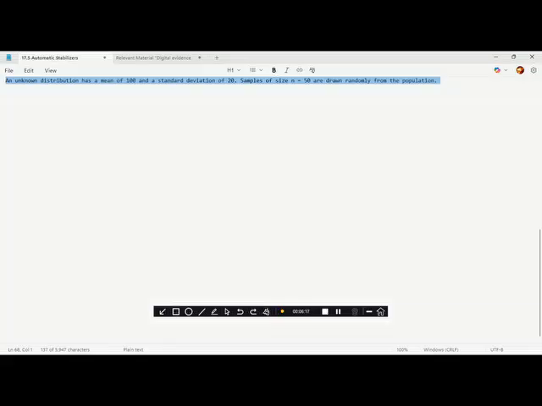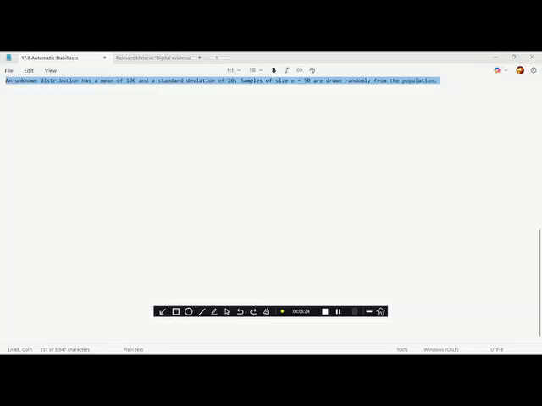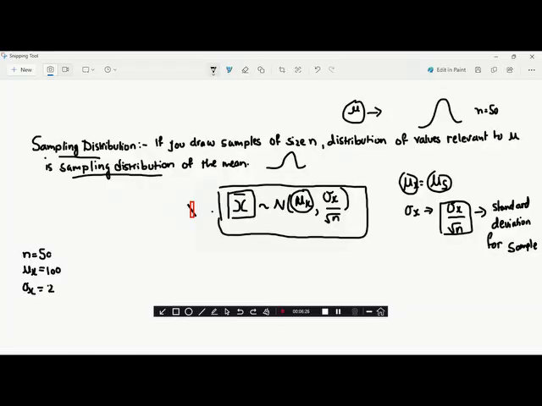And we also know that the standard deviation, or the population deviation, is 20. Now, given these values, you can figure out both the probability and the percentile, given you know which percentile you're trying to figure out.